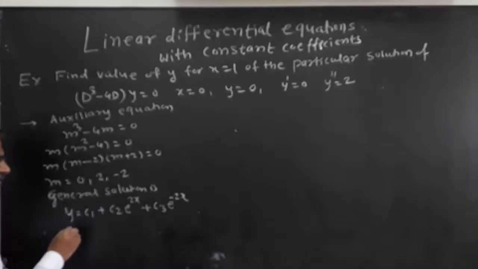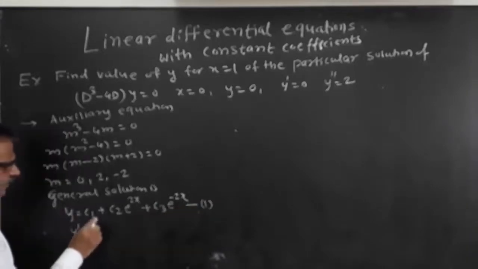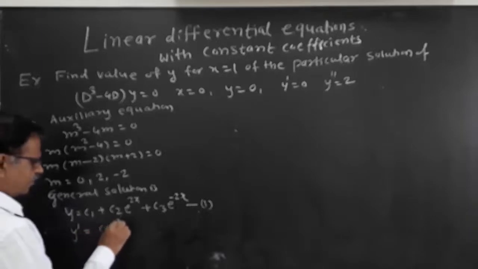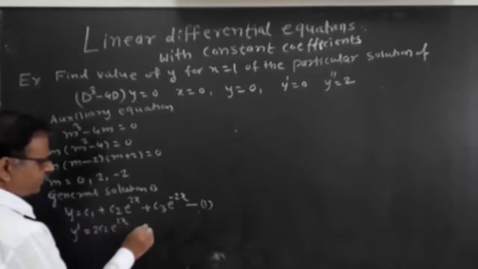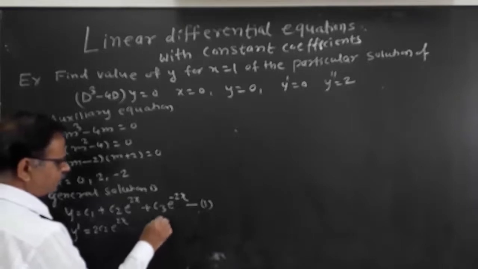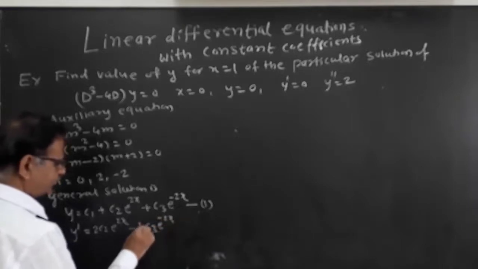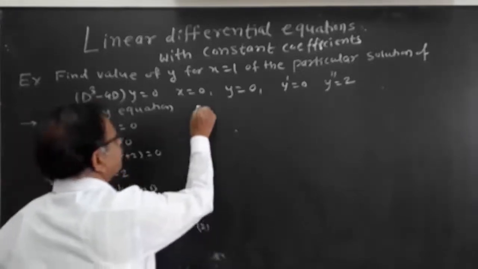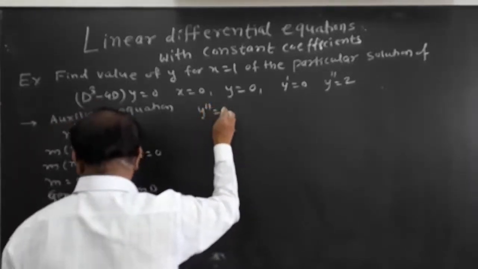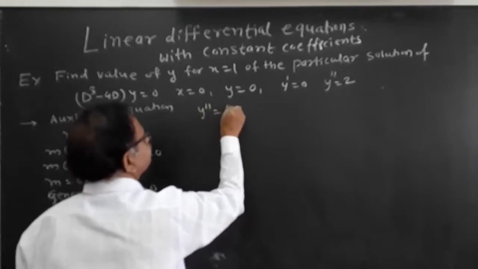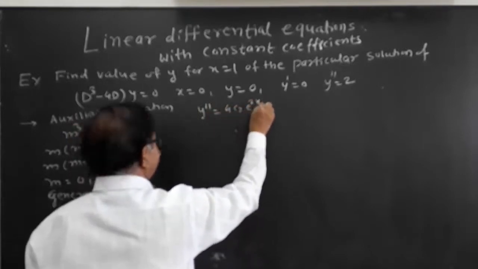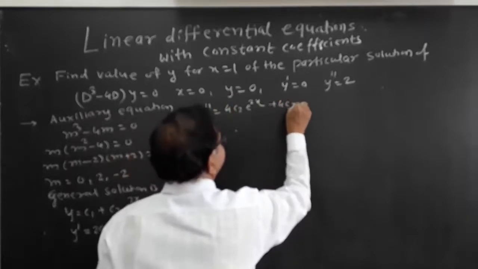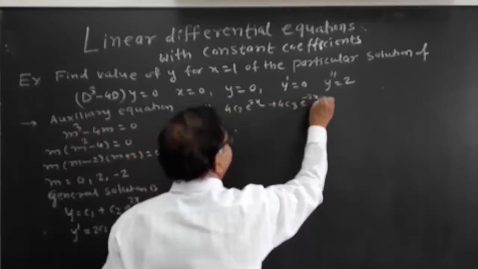Therefore, we differentiate equation 1: y dash equal to derivative of C1 is 0, C2 e raised to 2x into 2, C3 e raised to minus 2x into minus 2, and y double dash equal to 4C2 e raised to 2x plus 4C3 e raised to minus 2x.